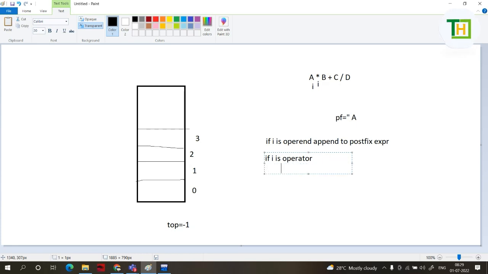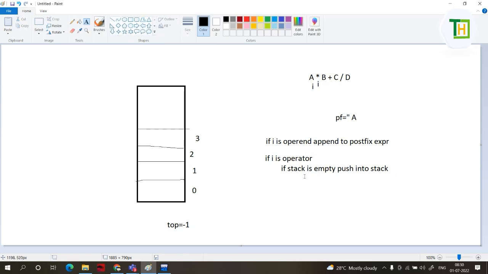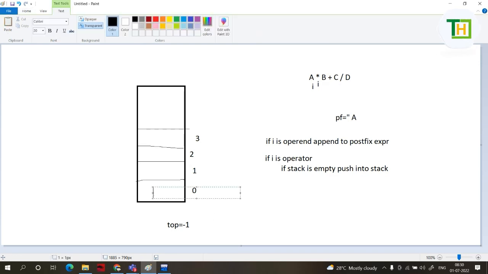If the stack is empty, directly just push into the stack. How do you know that the stack is empty? That is going to be top is at -1, right? If top is at -1, that indicates that the stack is empty. And if it is an operator, we have to insert that operator into the stack.